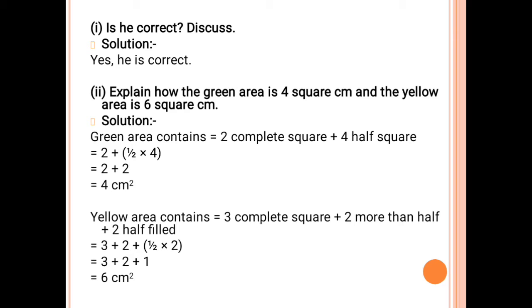Why 1 by 2 into 4? Because we know that 4 are half squares, therefore 1 by 2 into 4. When I divide 4 by 2, 2 will be the answer. So 2 plus 2 will be 4. So the area of the green is 4 square centimeter.